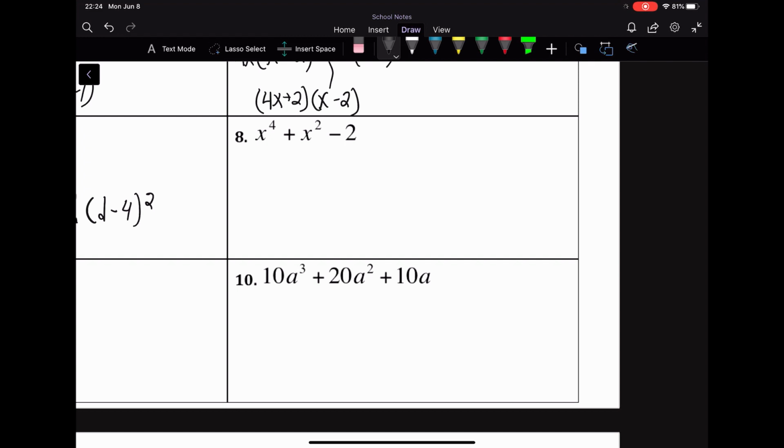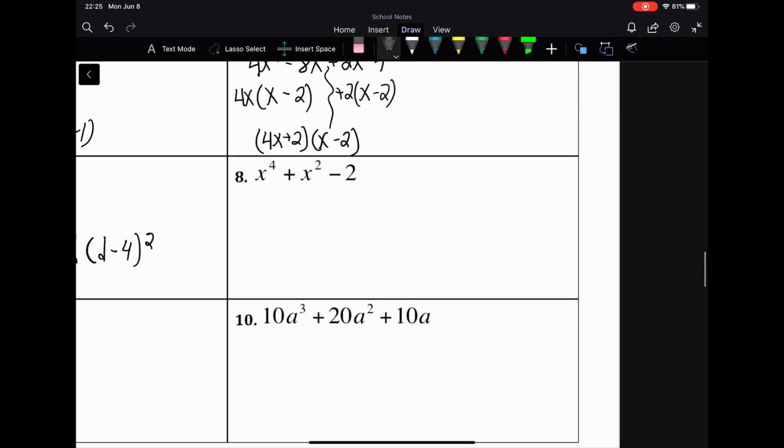Next, we have x to the 4th power plus x squared minus 2. So we want to know what two factors of negative 2 are going to add up to 1. In this case, it's just going to be negative 1 and positive 2.